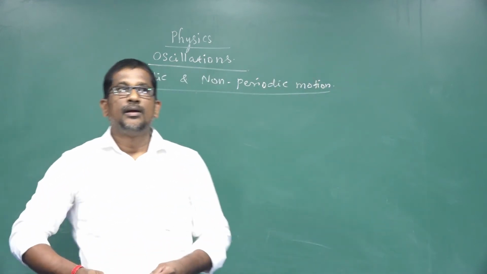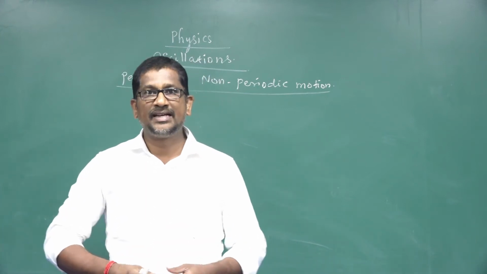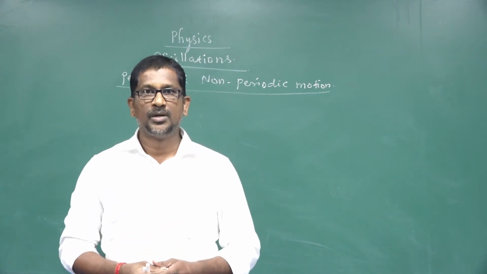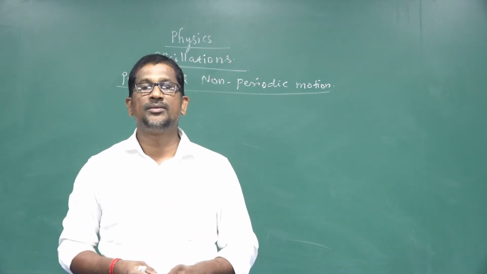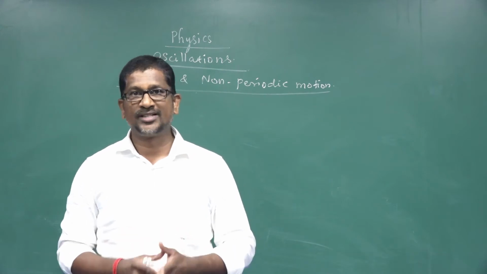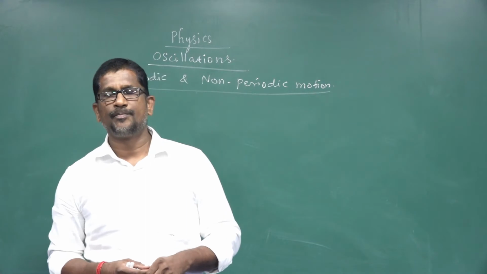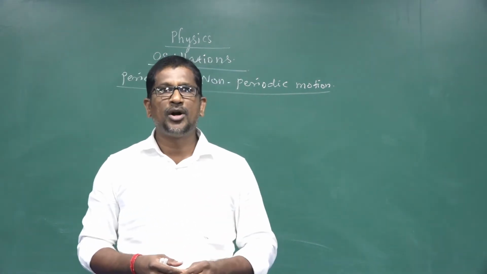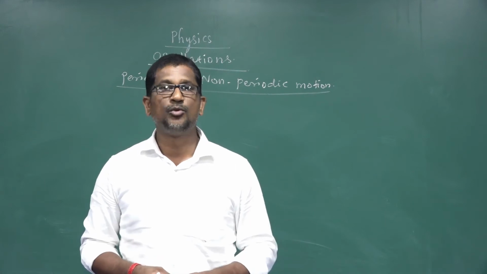In the previous chapters, that is in kinematics and laws of motion, we discussed translatory motion and rotational motion. What is meant by translatory motion? If the motion of the particle is along a straight line path, then it is called translatory motion.